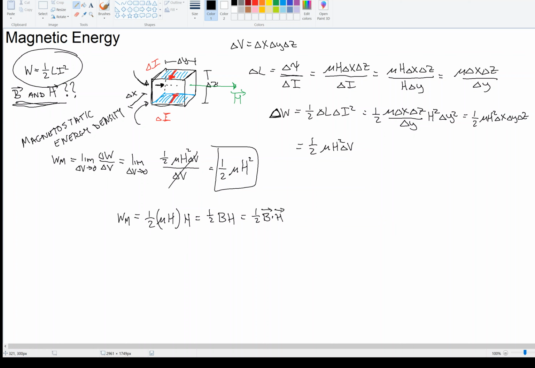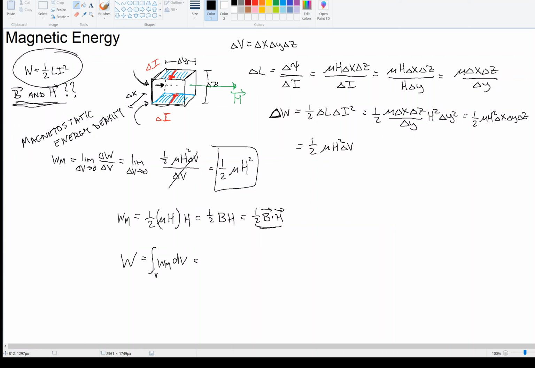Remember, our original question was how are B and H related to the energy? So now, if we want the total magnetostatic energy, this would be big W, we can just integrate, because we have it point by point. We're going to integrate the small w over the volume. Mathematically, it's beautiful. It makes lots of sense. We had the energy, how dense it was, point by point.